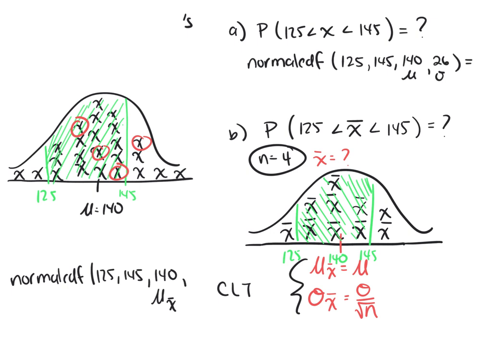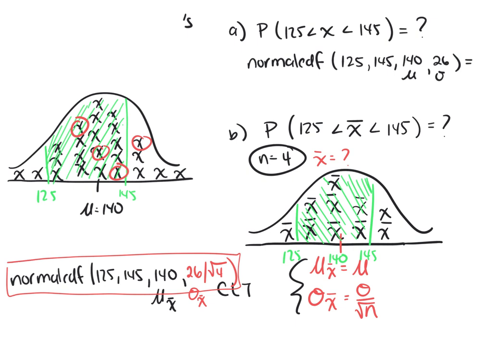And the key difference here is the last thing that I type in: I have to type in the standard deviation of this distribution. And the central limit theorem tells me that that value is the population standard deviation divided by the square root of my sample size. So now you can put this into your calculator and see what that probability is. And that probability is going to be the shaded area that we have on this distribution on the right.